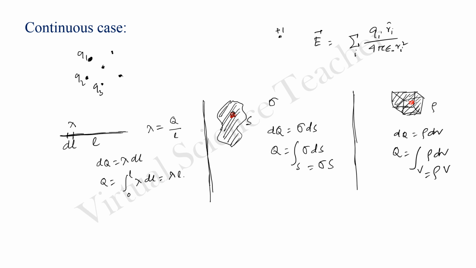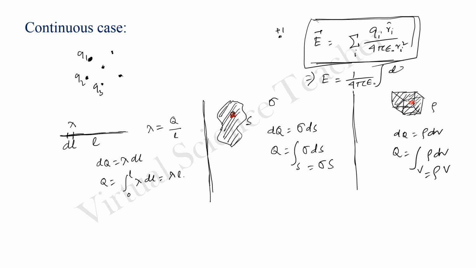So what will be the electric field for this case? For the discrete case, I have written down the electric field by this equation, but for the continuous case this equation can be written with dq by r square into r unit vector.